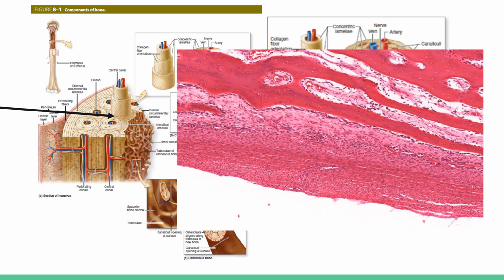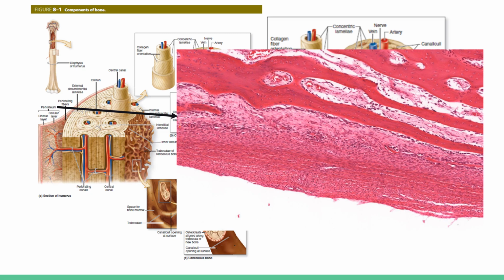So this is how the periosteum will appear. The periosteum will contain two major layers. This is how the periosteum will appear under the microscope.